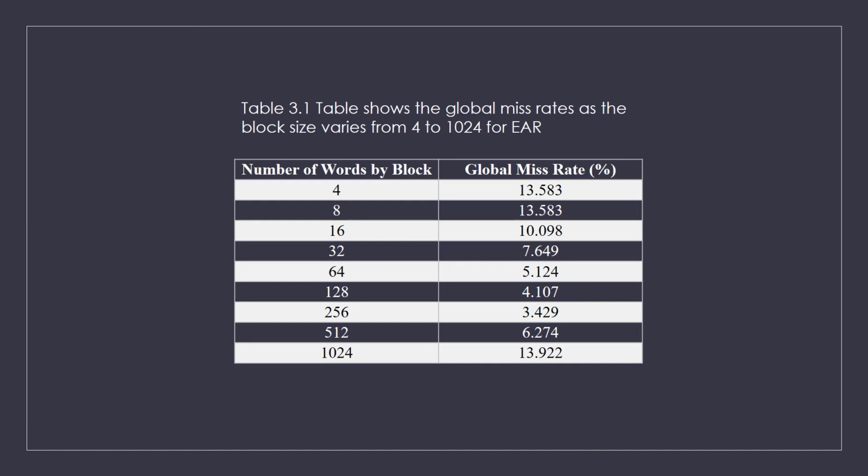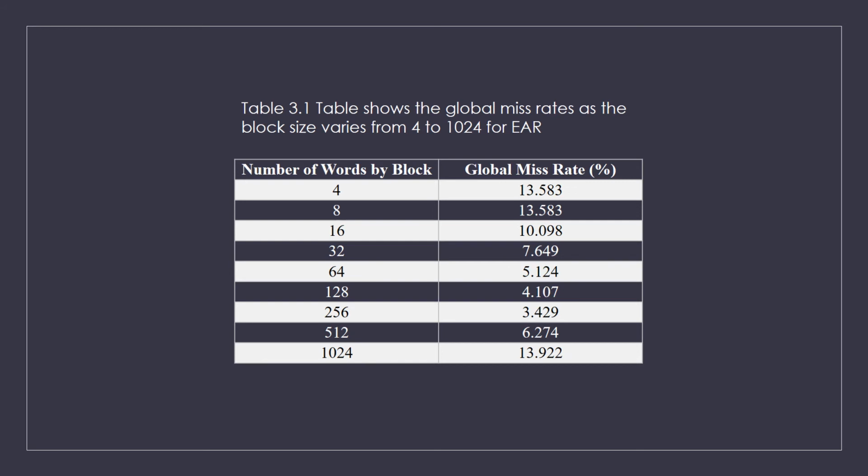Okay, as we can see, for number of words by block equals to 4, the global miss rate is 13.583%. And as we increase the number of words by block until 256, the global miss rate keeps decreasing gradually until 3.429%.